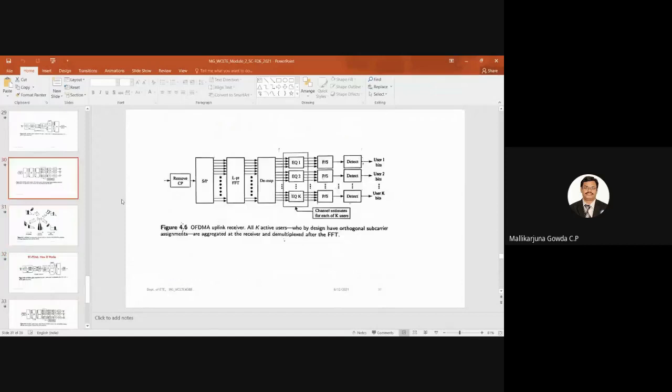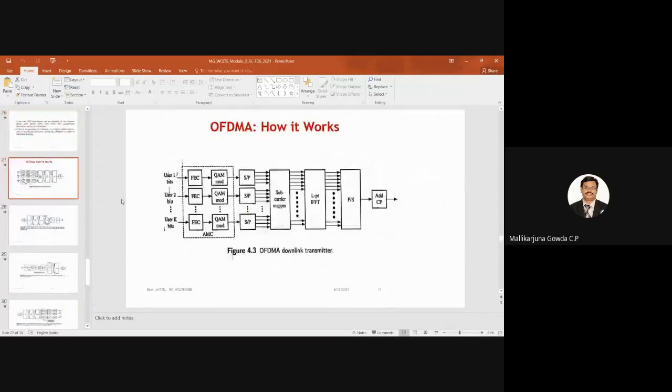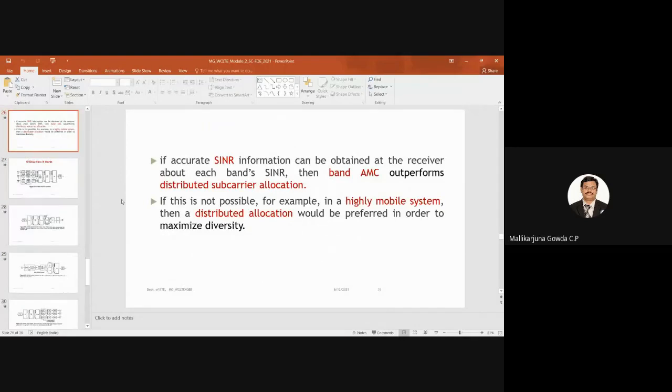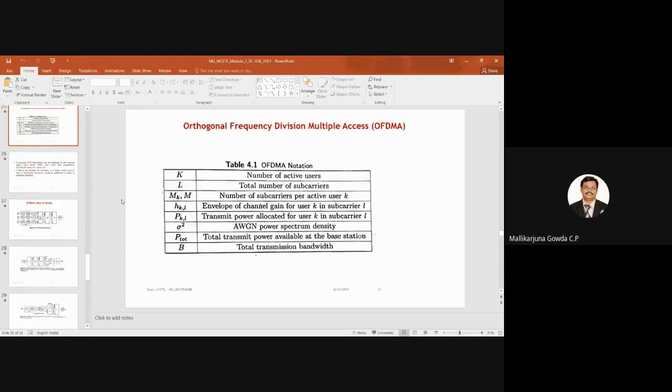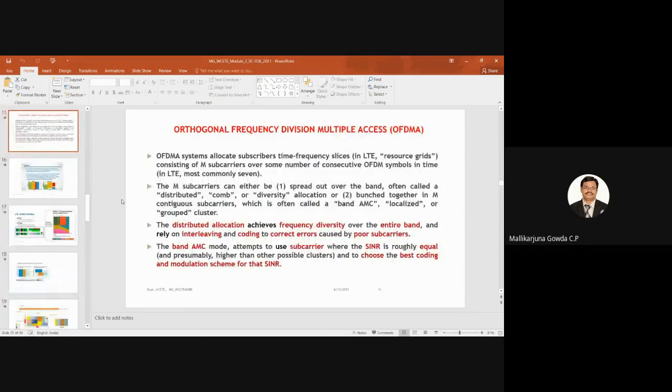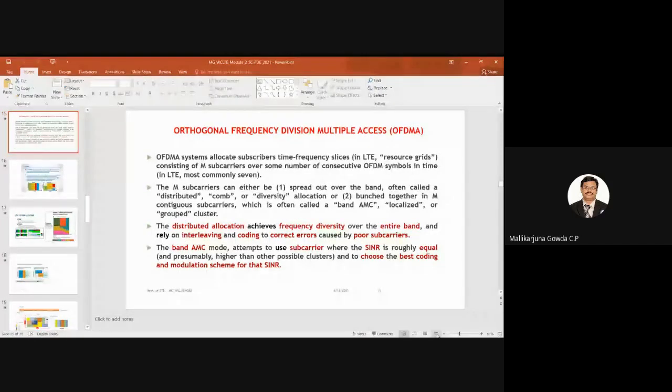So this is all about OFDMA. Whatever I have shown, there are different versions of OFDMA. Just to say what the different types are, I will say about this now, after showing all those slides and information. In case of OFDMA, the system allocates subcarriers based on a time frequency slice.